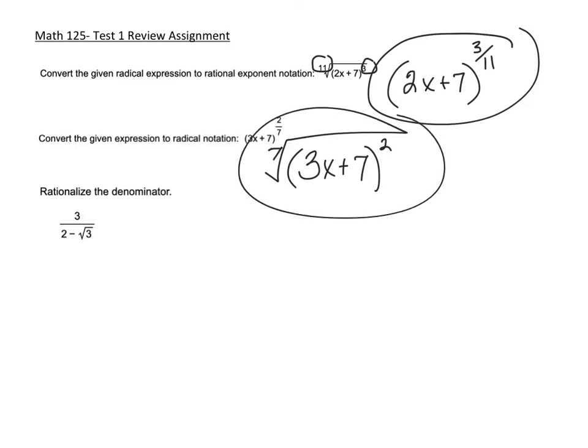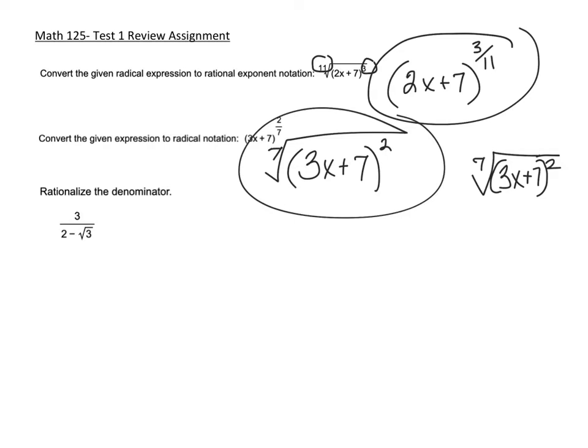Real quick, looking at these two problems, one of the common mistakes people make is for the second one, this would be wrong if you wrote it like this, to the 2/7. Sometimes people want to do that, but they fail to put the parentheses. If you put it this way, it's incorrect, because the way you've written it is only raising 7 to the second power, but it's got to be the whole thing to the second power.